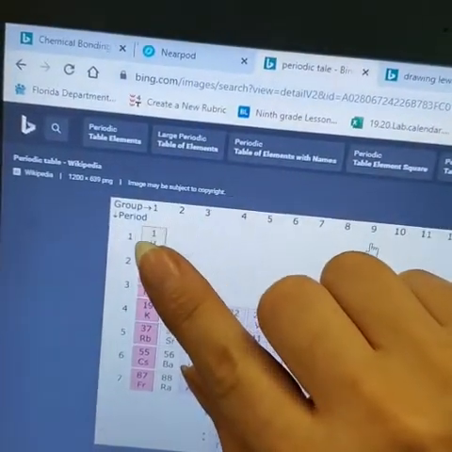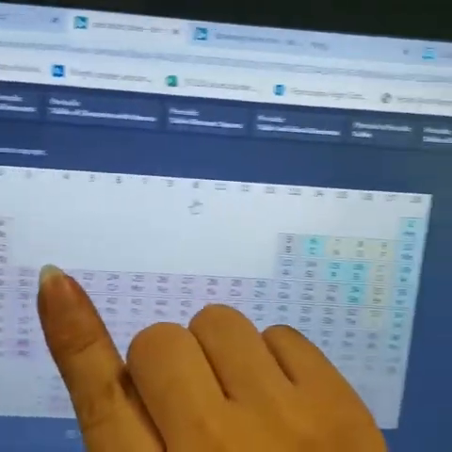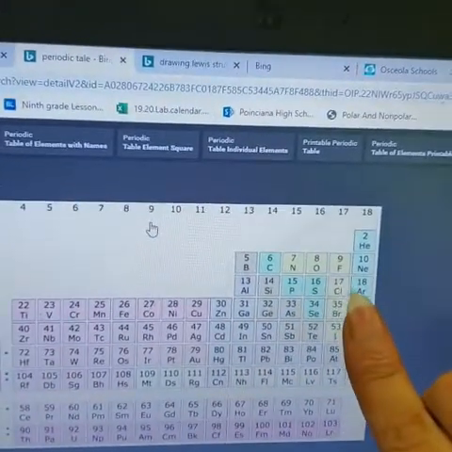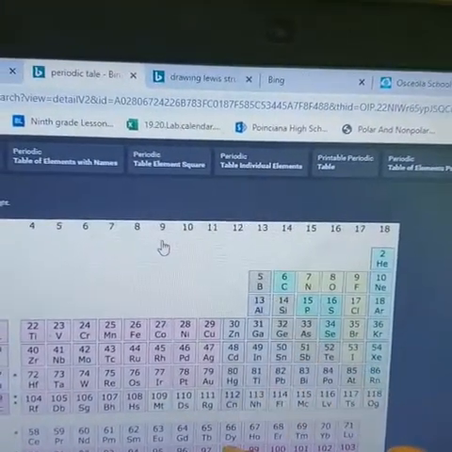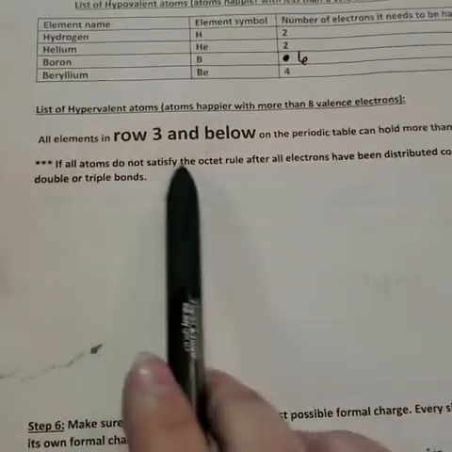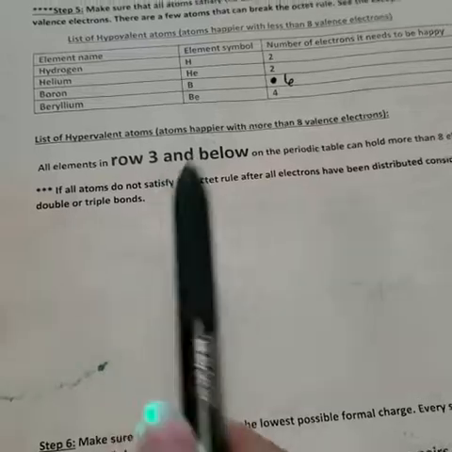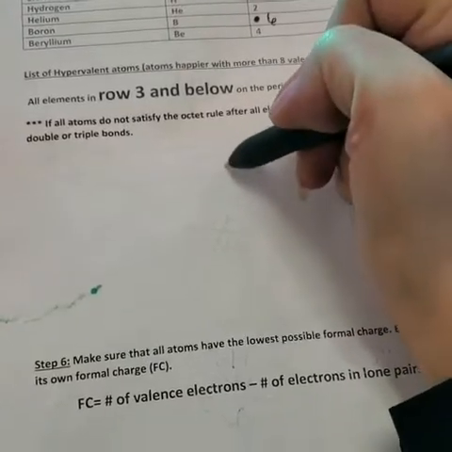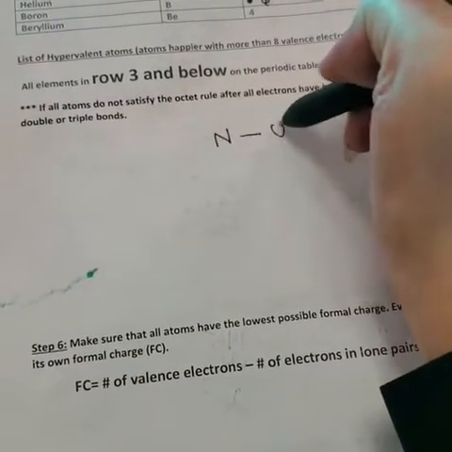So row 1, row 2, row 3, everything in row 3 and below can have more than 8. So we'll have examples of that in the future. For now, I just wanted to give you a little bit of a preview on that. All right, so let's redraw the compound from the previous step. So far, this is what we have.